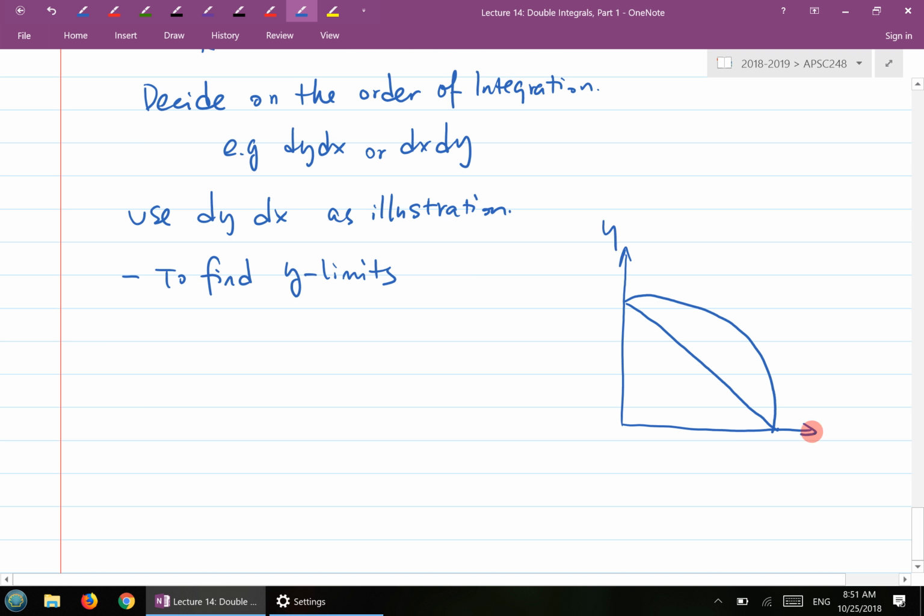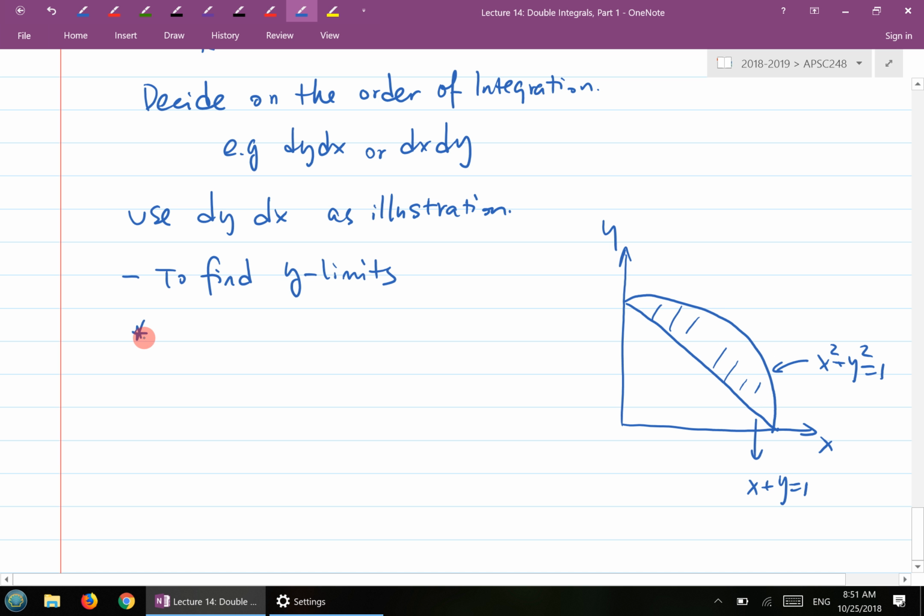So this is the region R. If you recall, this is x plus y equal to 1, and here is x squared plus y squared equal to 1. I'll use this to illustrate. How do we find this? Here are the number of steps involved.